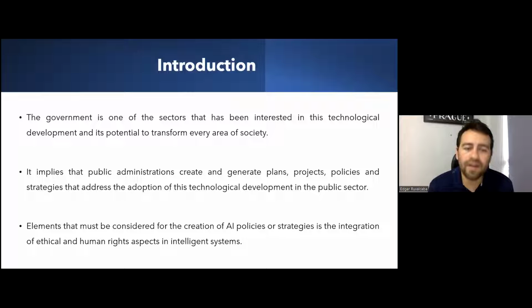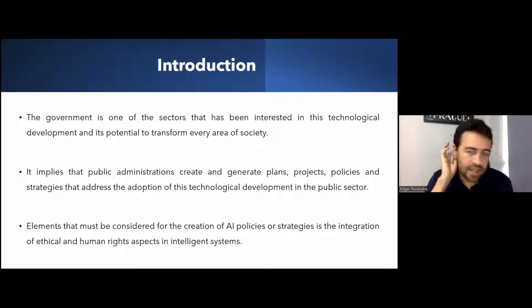We can find a lot of issues in these plans and strategies, and different visions that the government tries to put in them. In this research, we want to focus on aspects of human rights and ethics, because I think they are an important basis for generating other things.